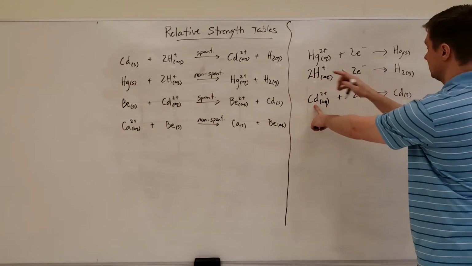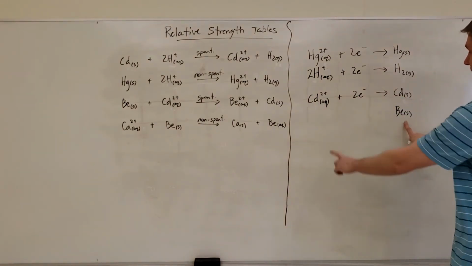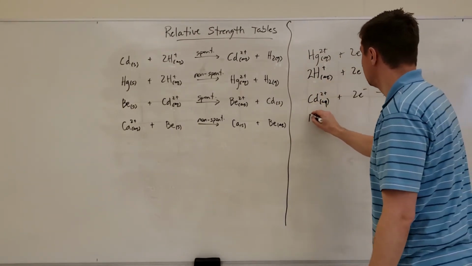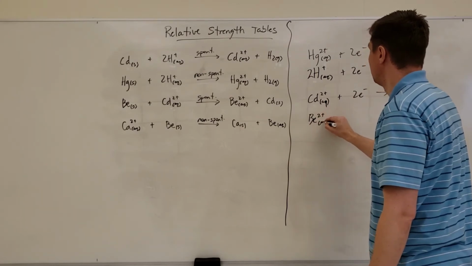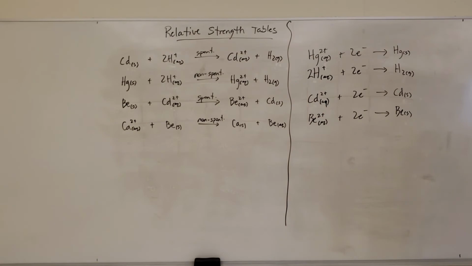So I know that because it's spontaneous, Be solid has to go below so that it follows the left-hand, right-hand rule. That means that this is Be2 positive aqueous plus 2 electrons makes Be solid.